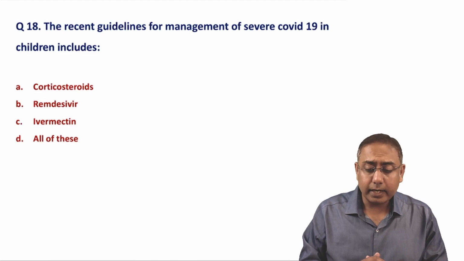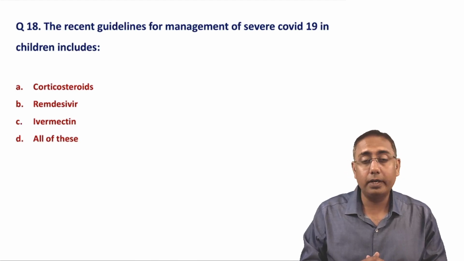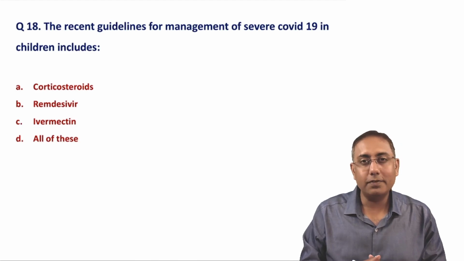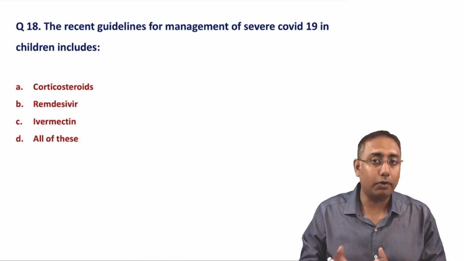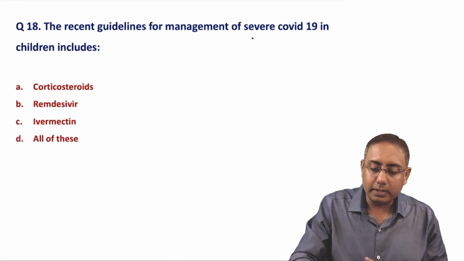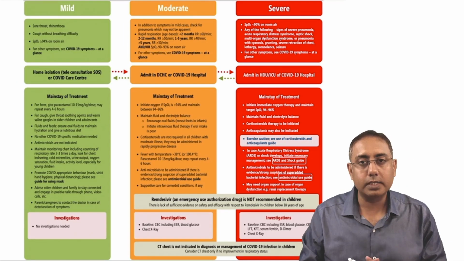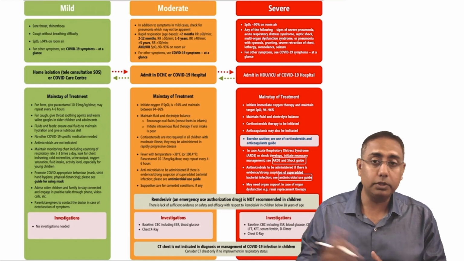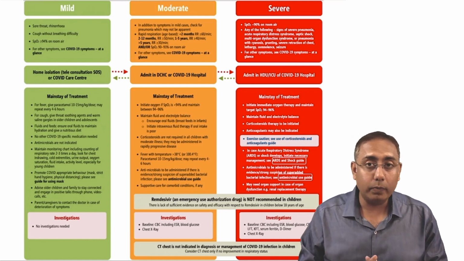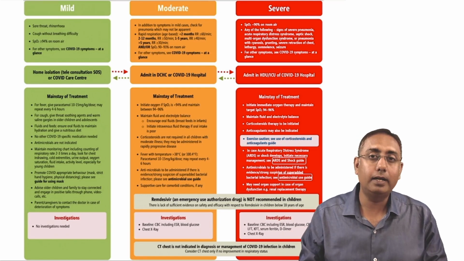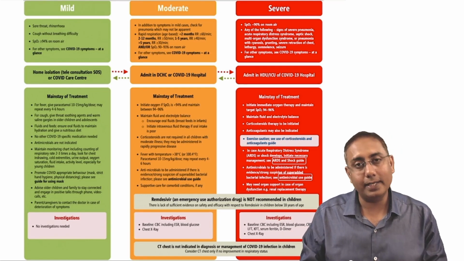Next is the recent guidelines for management of severe COVID-19 in children. So I think everybody knows that in children, remdesivir, ivermectin is not recommended for COVID-19. And in fact, it's a severe COVID. So the best answer would be corticosteroids. So this is again a snapshot from the June 2021 operational technical guidelines for management of COVID-19 cases in children.